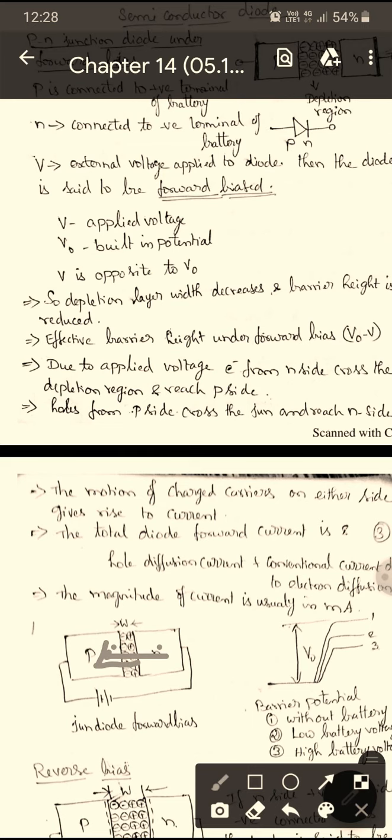Holes from the P side cross the junction and reach the N side. The motion of charged carriers on either side gives rise to the current. It will create a current.